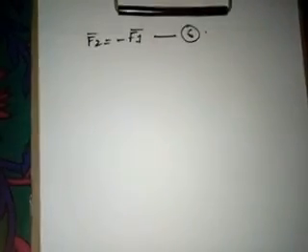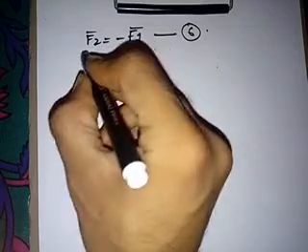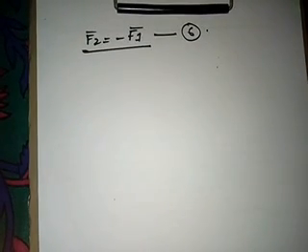So what does it indicate here, students? This indicates that F1 bar and F2 bar obey Newton's third law, that is, for every action there is an equal and opposite reaction. So this is how we derive the magnetic force, or the force between two differential current elements.